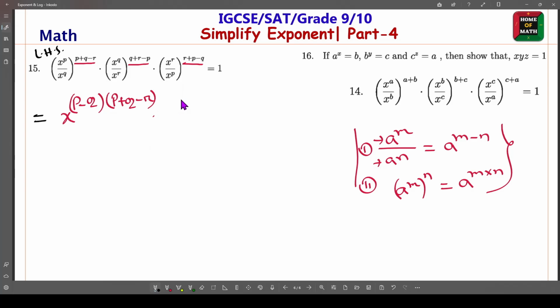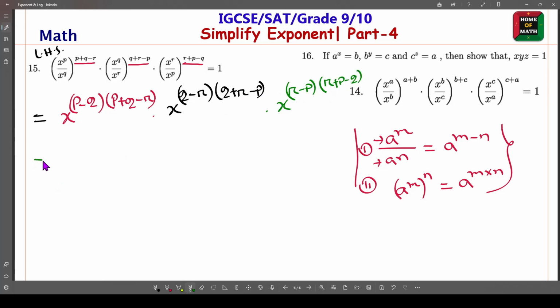Second, similarly, x to the power q minus r times q plus r minus p. Third, times x to the power r minus p times r plus p minus q.